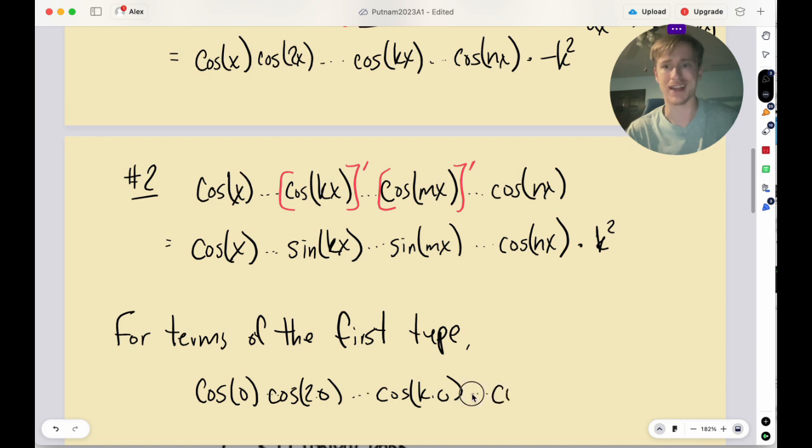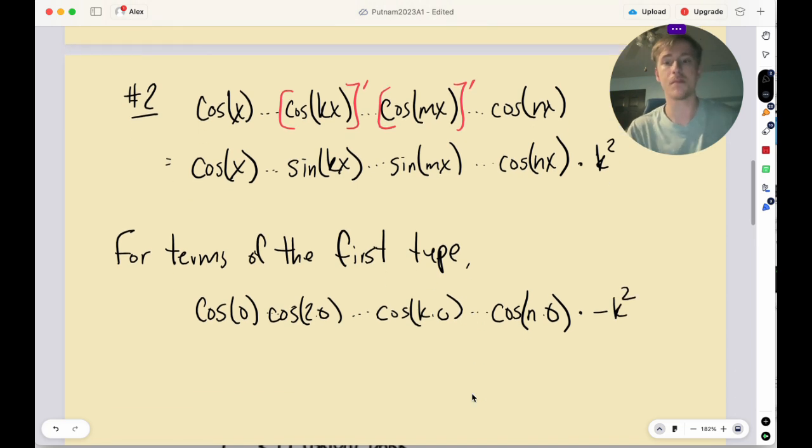All we have is cosines. And if you plug in a 0 everywhere you see an x, the only thing that you're going to pick up is 1s, right? That's a 1, that's a 1, etc. And then if I take the magnitude of this, I'm just going to pick up a k squared. Right? And of course, k is just some number between 1 and n, and in fact, it's all of them. Each of those n terms, you're going to have to do that for them and then sum them up.